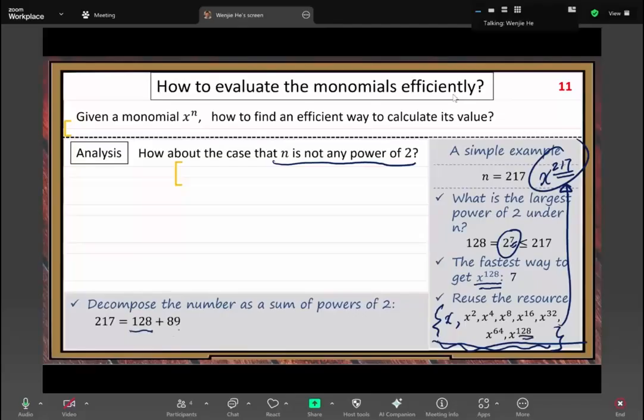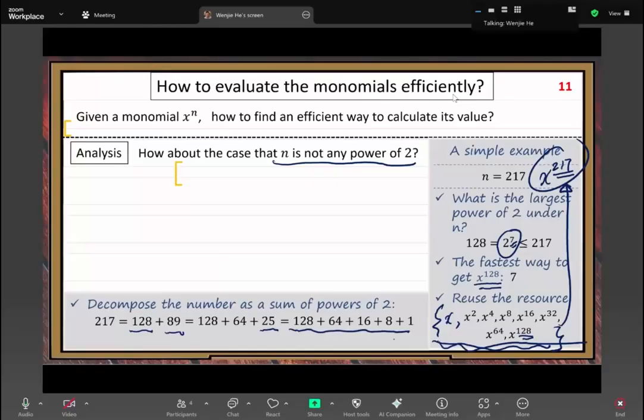But 89 we need to split another time, using the largest possible power of 2 that is less than 89, which is 64, plus some number, 25. 25 we can write as 16 plus 8 plus 1. Now you can see we represent 217 as a sum of powers of 2.